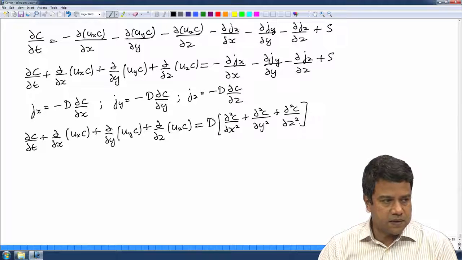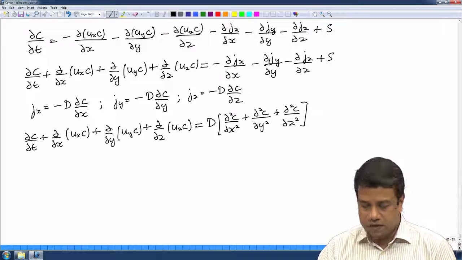So that is the mass balance equation for this particular case for the concentration field.